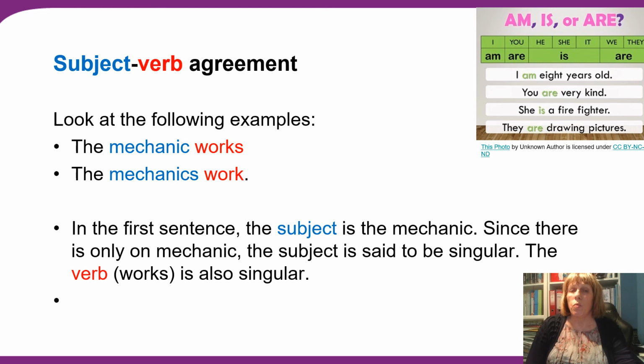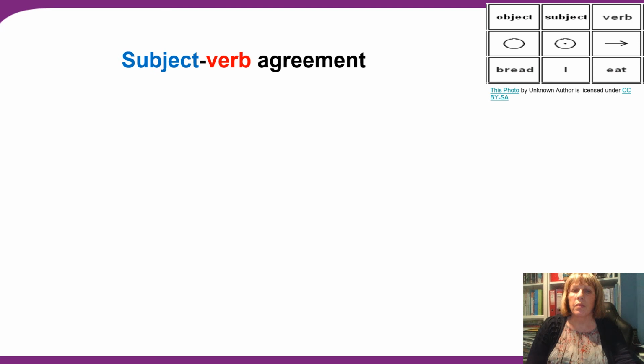The verb works is also called singular, and this is what sometimes confuses a lot of people because they think, oh, it has an S on the end. How can it be singular? The S is not there to suggest that it's plural. That's what you're doing when you're applying the rules of spelling. So for verbs, when you have an S, it's singular. Works goes with the singular subject.